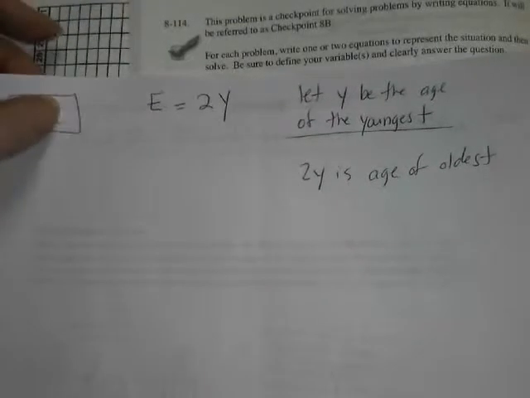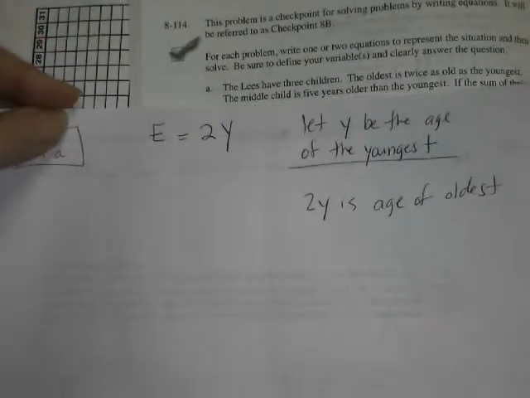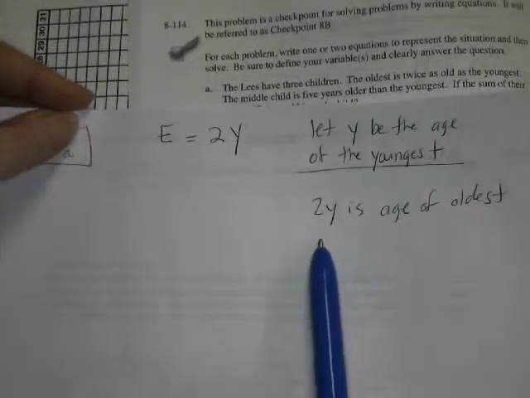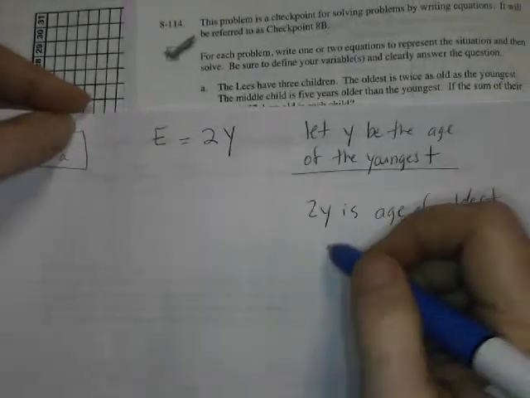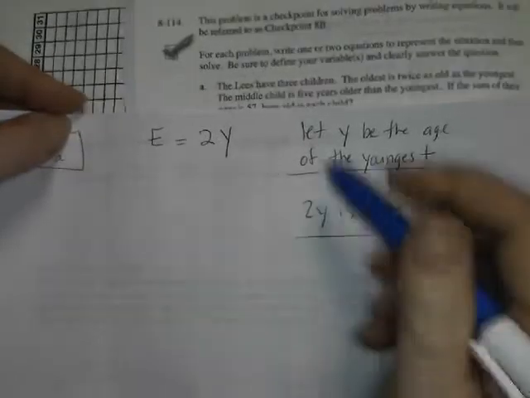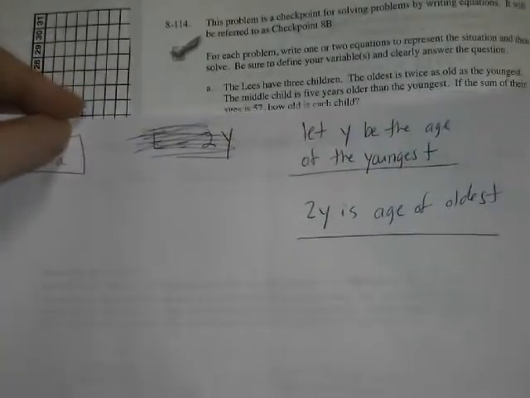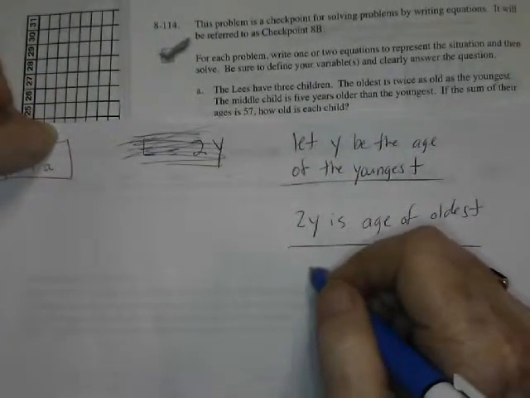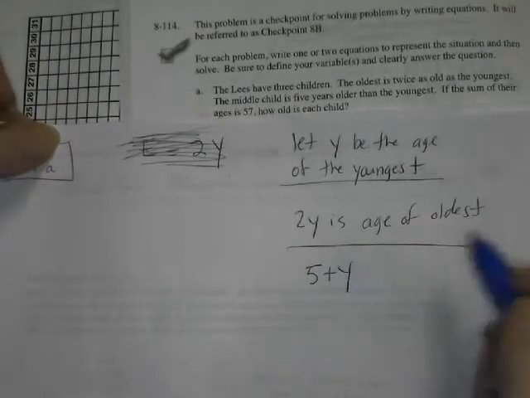I can say let Y be the age of the youngest, and then since it says the oldest is twice the age of the youngest, I know that the oldest would be 2Y. And then the middle child is 5 years older. Here, let's do the middle child right down here. I don't want to confuse people, because I'm not going to use the letter E. I'll just use the letter Y. The middle child is 5 years older than the youngest, so 5 plus the youngest.